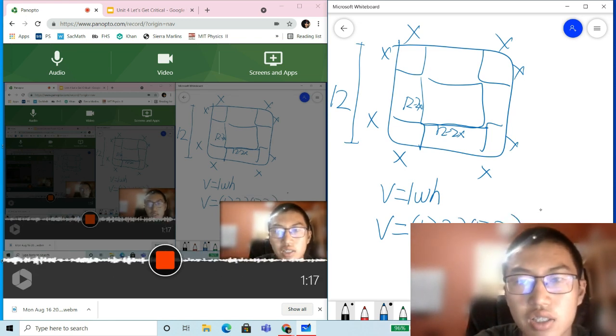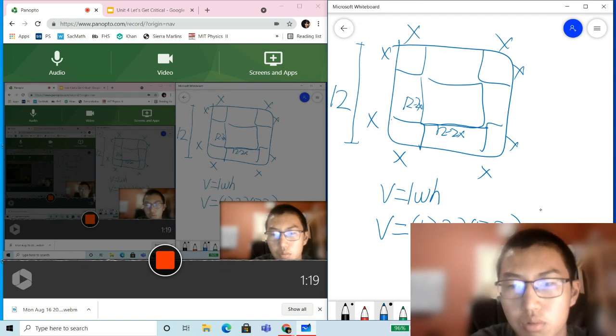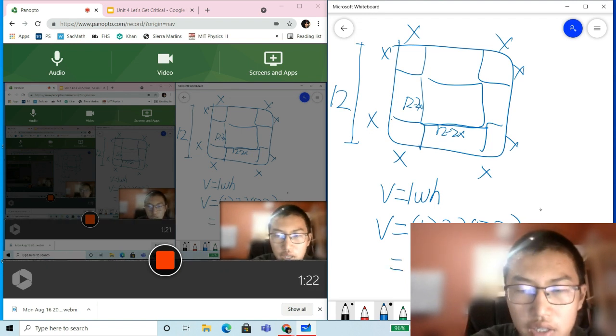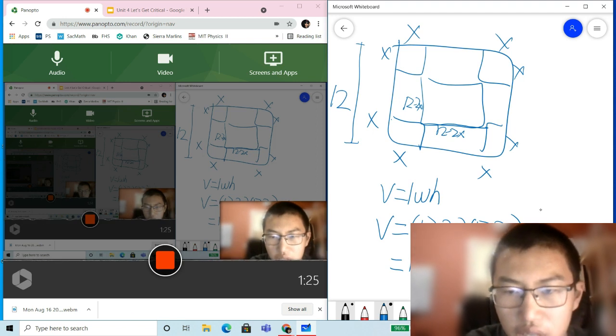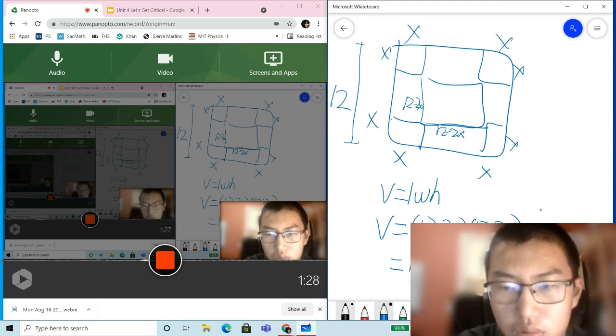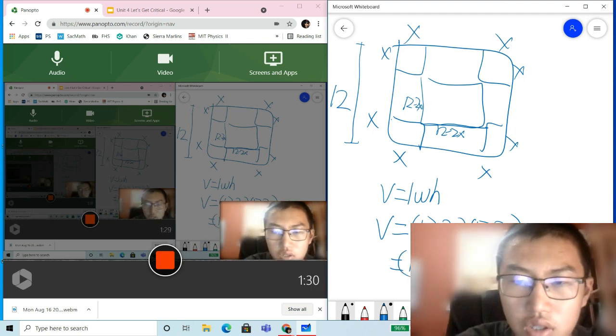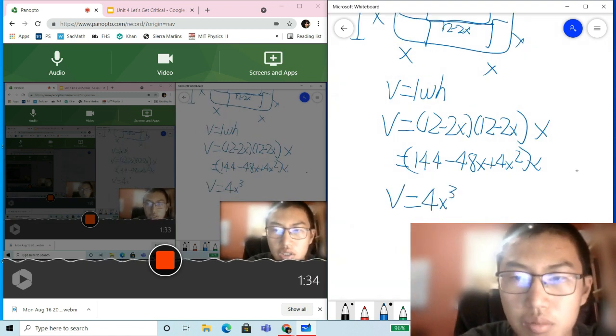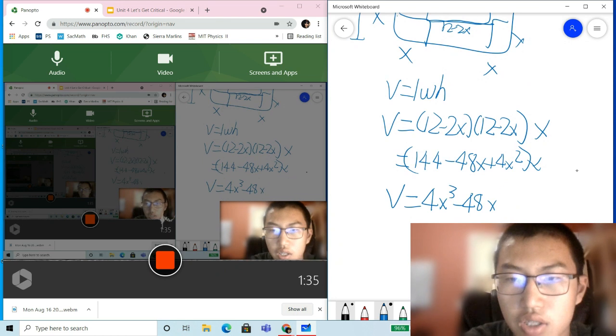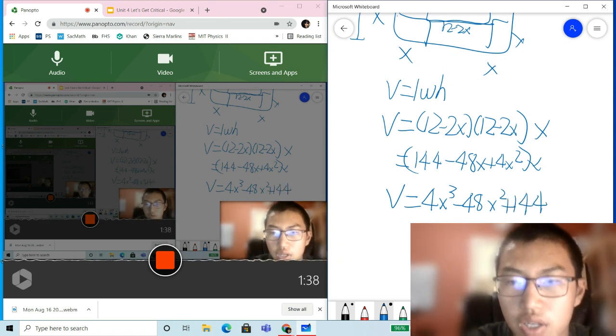And the height, since it's folded up, is x. So we get 4x cubed minus 48x squared plus 144x.